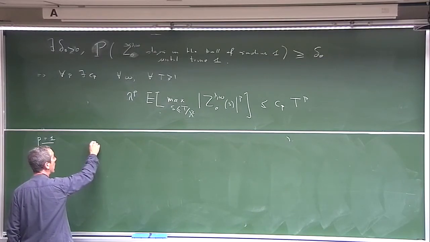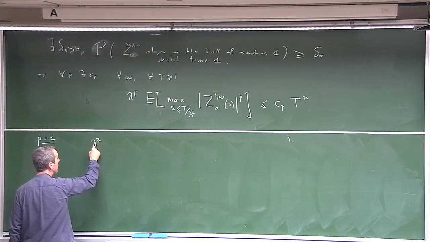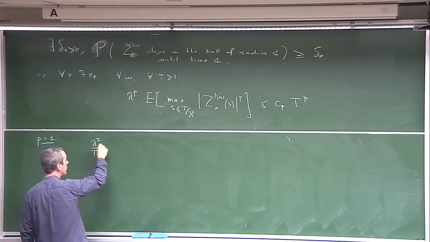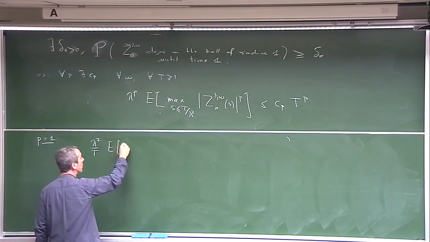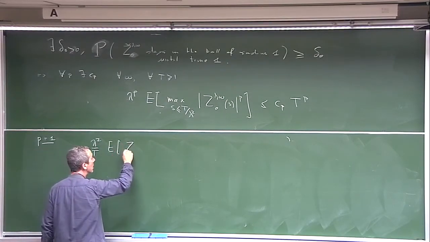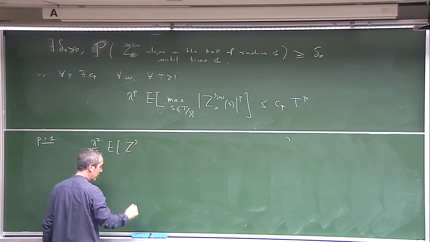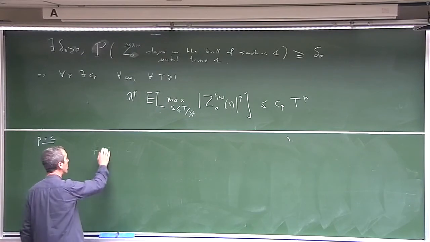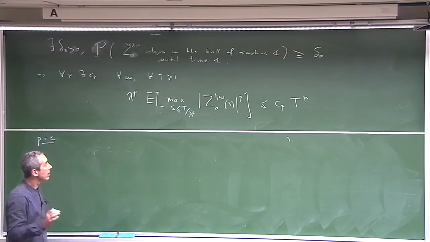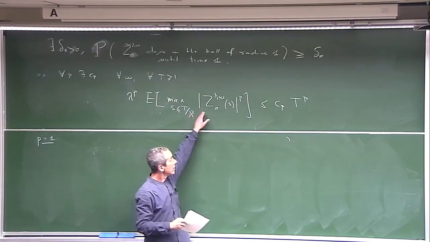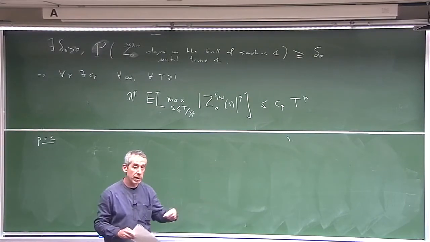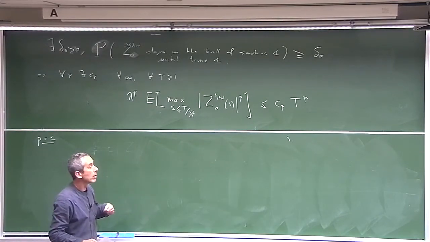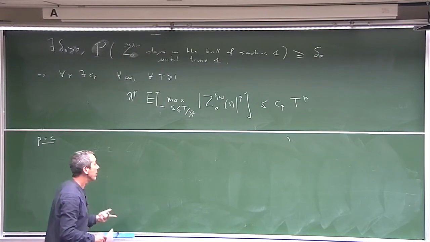So we look at the inverse of time, which is lambda square over t, times the expectation of, in this norm, there is in particular the last component of z, which contains the additive functional.